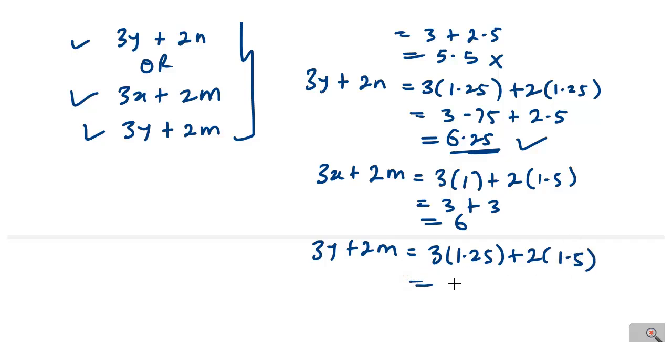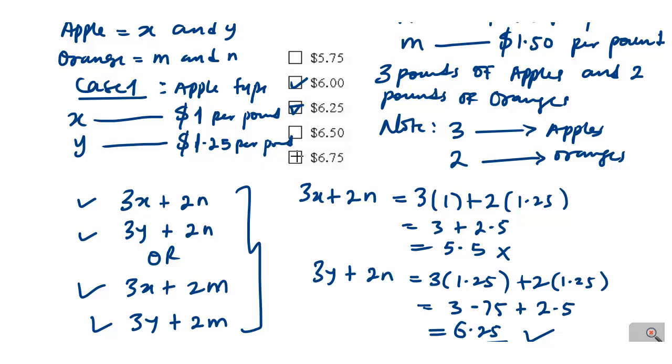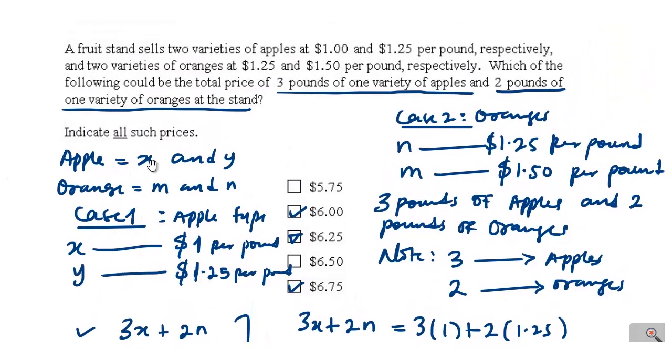So 3 times 1.25 is 3.75, plus 2 times 1.5, which is 3, and that will give us 6.75. Do we have 6.75 captured? Yes, this is captured. So definitely the only options are 6, 6.25, and 6.75. So that is that.